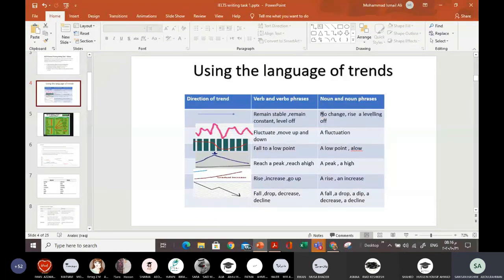There is no change in this trend, there is a levelling off. إذا شفتوا إنه النسبة المئوية ثابتة من سنة, for example, 1999 to 2000, you are going to say this percentage remains stable, or there is no change in this percentage, because you have years, you have dates.